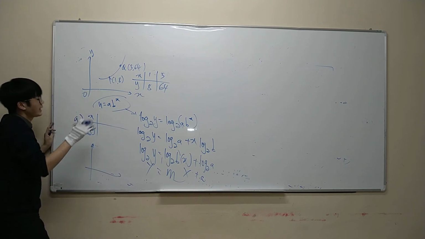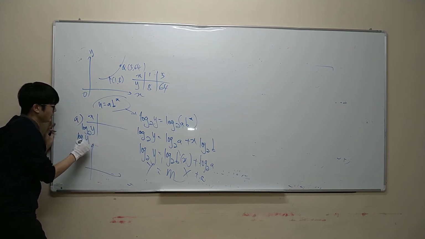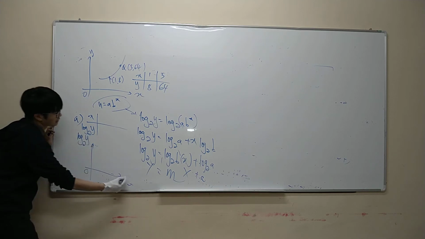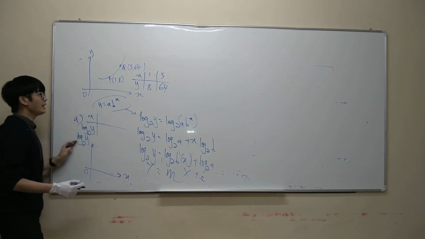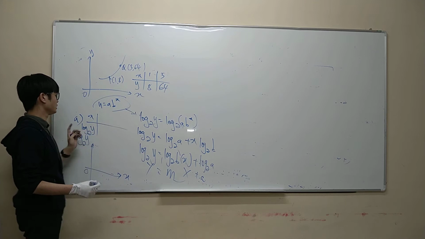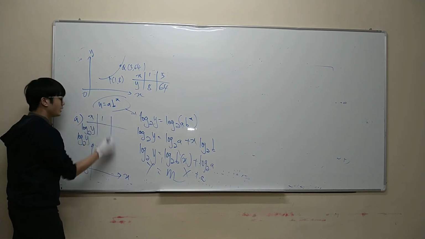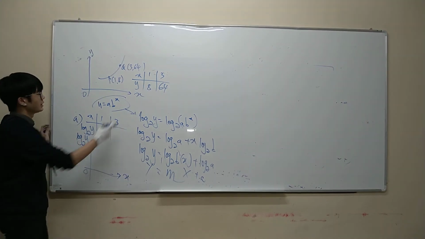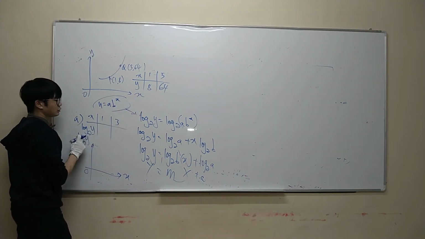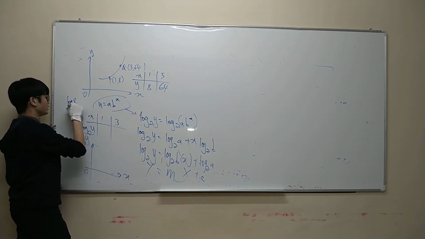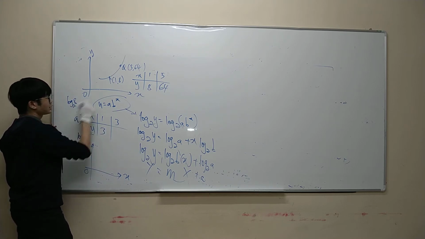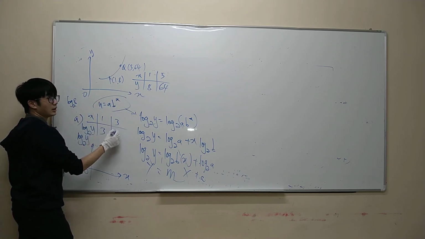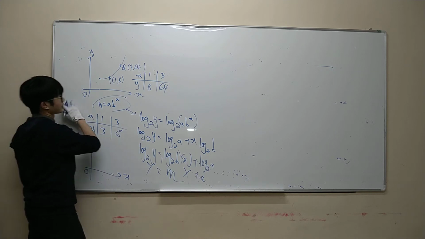Your y-axis is log y base 2, and your x-axis is still x. But you cannot use this table; you have to use a new table. So x is still 1 and 3, but the 8 and 64 will change. It will become log y base 2. What's log 8 base 2? 3. Okay, what's log 64 base 2? 6. Right?